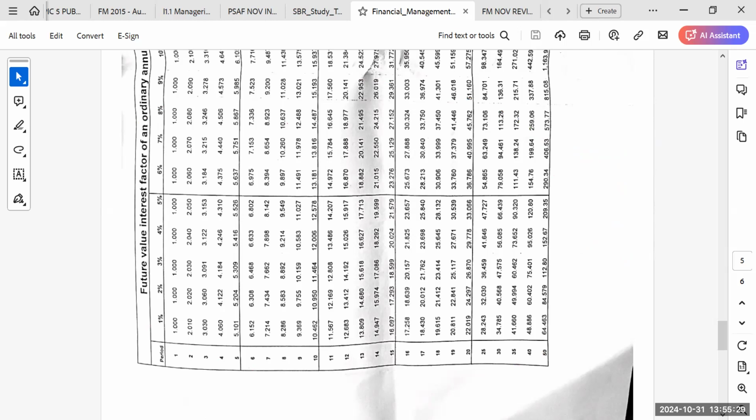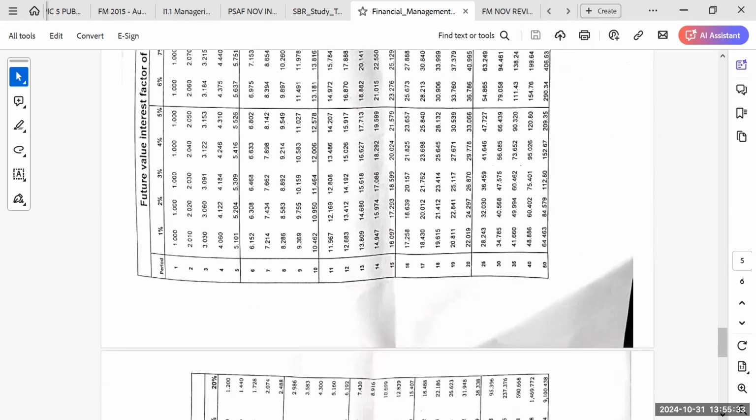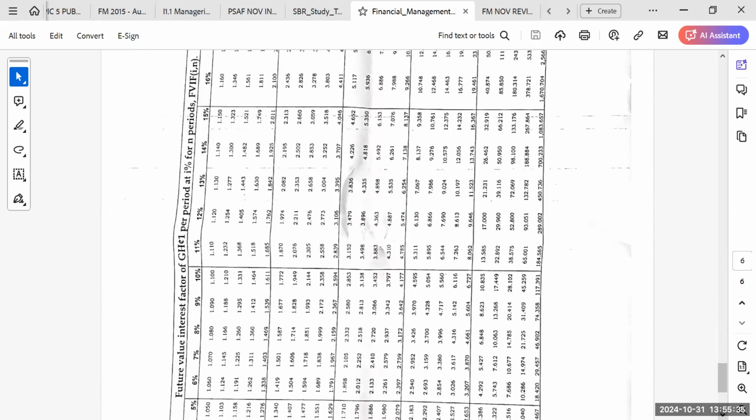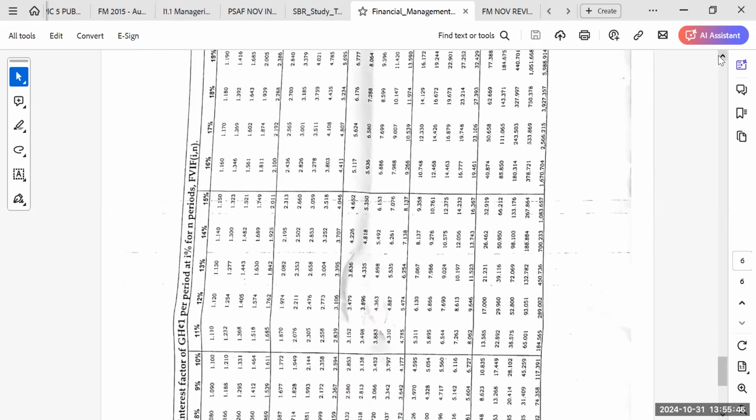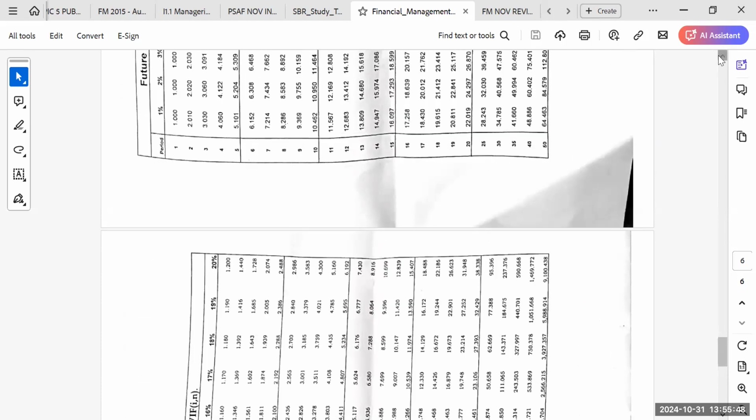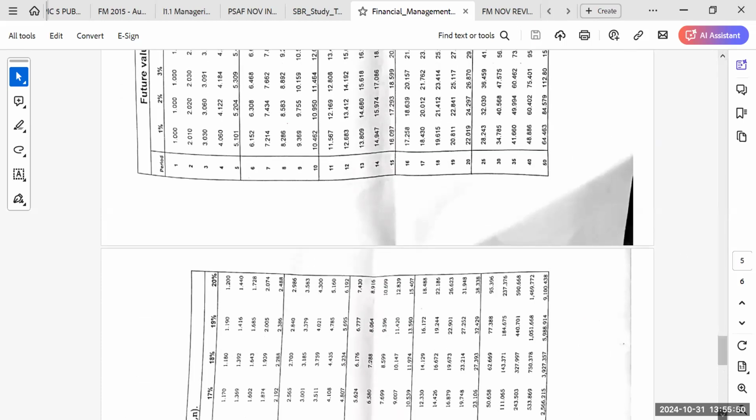Someone should draw their attention to it. The second one should be the what? That one should be there. They should draw their attention to it.